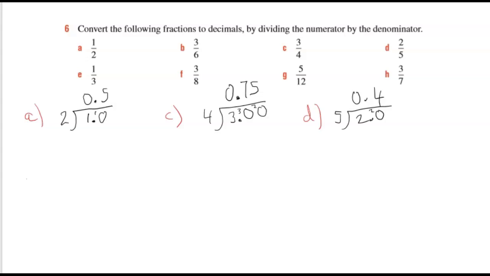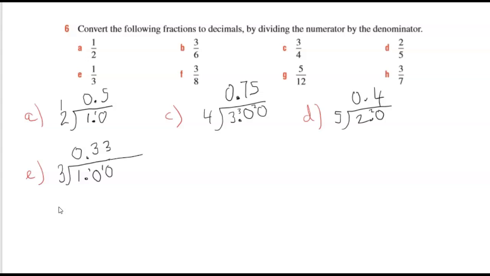All right, let's do E. All right, question E, we're doing 3 into 1. So how many times does 3 go into 1? It goes into 1 0 times. Add your 0, put your 1 up. How many times does 3 go into 10? It goes into 10 3 times. 1 remaining, add your 0. 3 goes into 10.